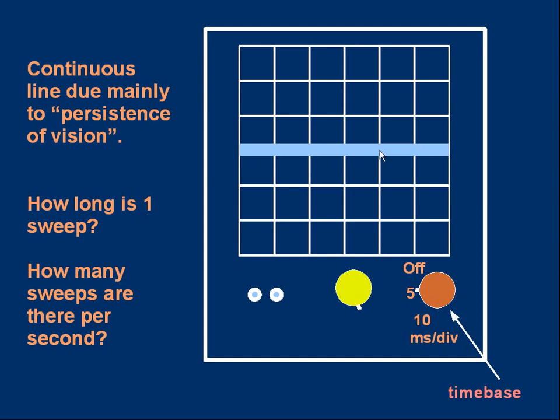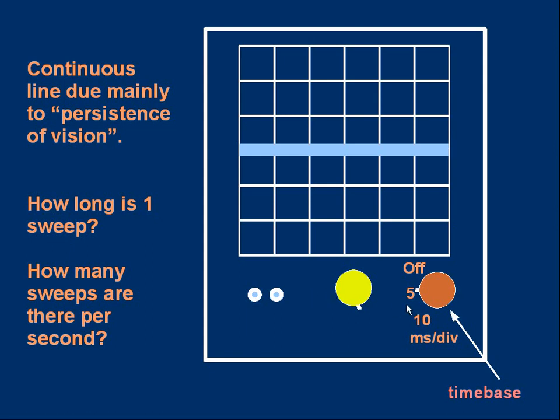Now your eye can't follow the spot if it's moving really fast, and the line appears as a continuous one rather than a moving spot. And that continuous line is due mainly to what's called persistence of vision, the way your eye and brain works. If the spot's moving very fast across the screen, the eye just sees a continuous line.